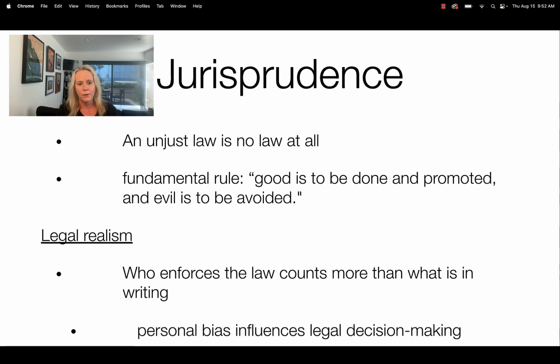And so Rosa Parks, when she sat in the front of the bus, was violating that law according to legal positivism, but using a natural law philosophy, what she and other folks in the movement were saying was, we shouldn't have to follow that law because it's unjust. And so that's natural law.